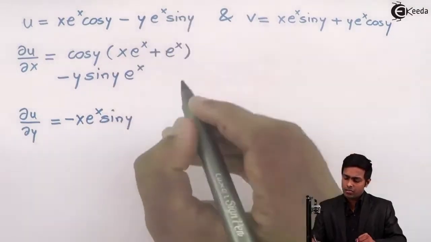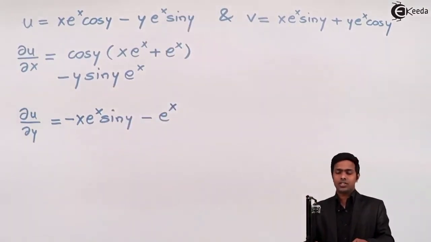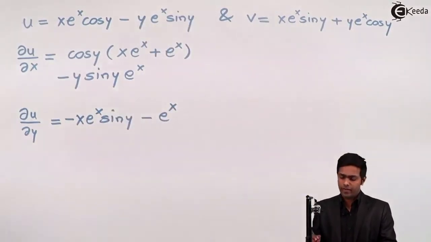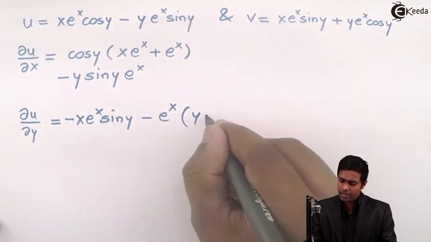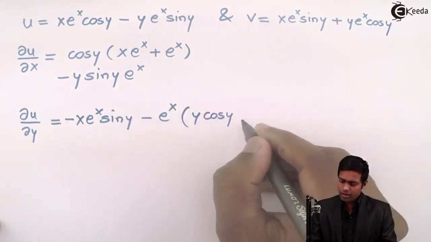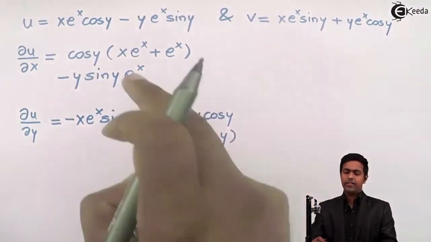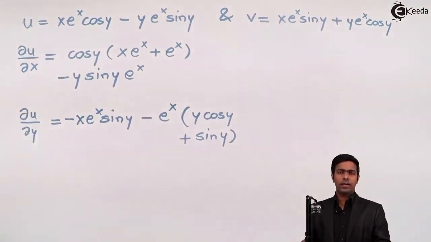Next, in the second term, I can take minus e raised to x outside since it is constant, and for y into sin y, we will use the product rule of derivative. So this is y as it is, the derivative of sin y is cos y, plus sin y as it is, and the derivative of y is 1. So this is the value of dou u by dou y.